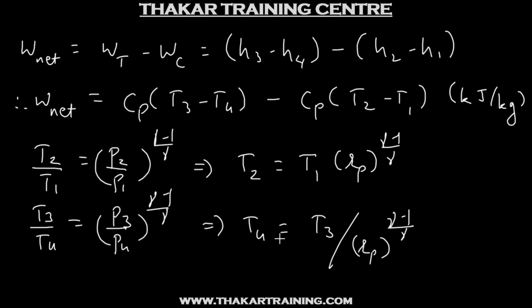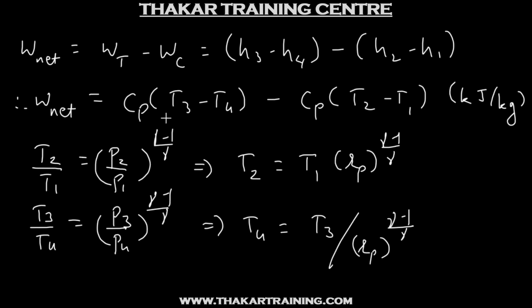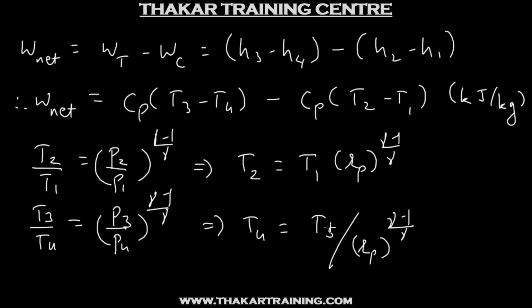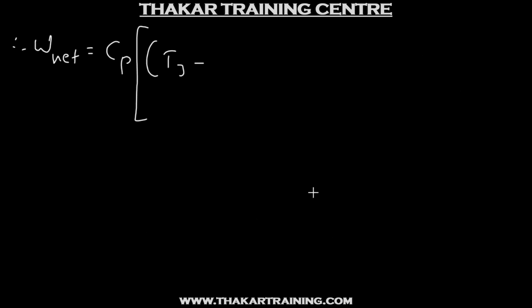So we have got T2 and T4 in terms of T1 and T3 respectively, which are the minimum and maximum cycle temperatures. So we will rewrite the expression of W net. W net will be equal to Cp into T3 as it is, minus T4, which is T3 upon Rp raised to gamma minus 1 upon gamma.